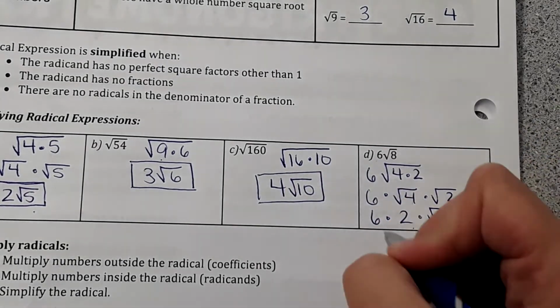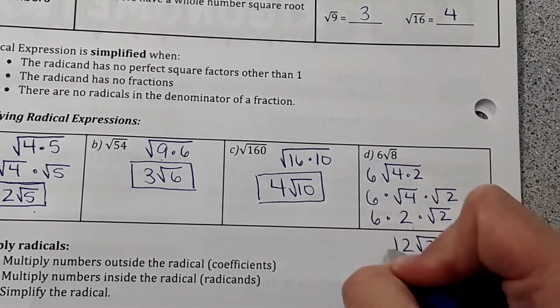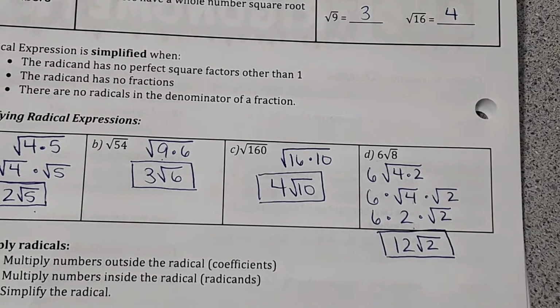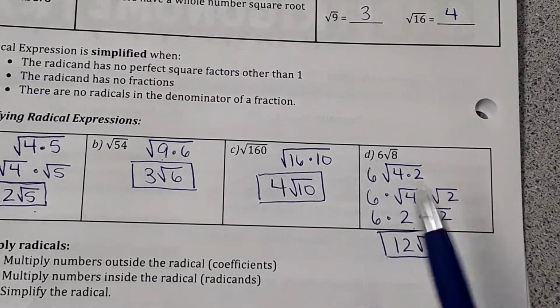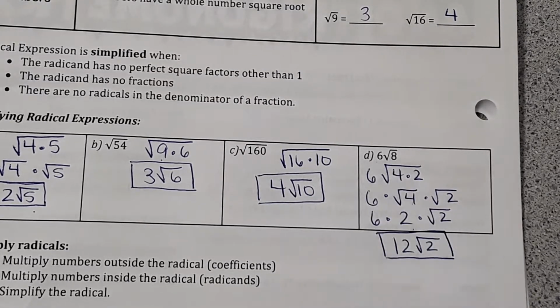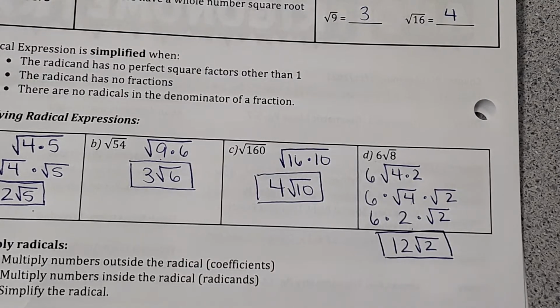Square root of 4 was 2. Then you get 12 square root of 2. The reason why I wrote it out is because sometimes it's hard to remember what to do. Square root of 4 is 2, but do you add it to 6? Do you multiply it? You do multiply. So when you take that square root, you multiply it by the coefficient.